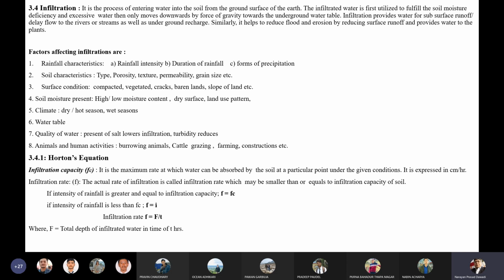Compacted soil has fewer fines, meaning the porosity of the soil will decrease, so the infiltration rate will be reduced. This is cattle grazing.